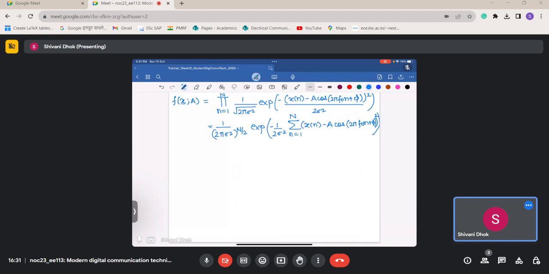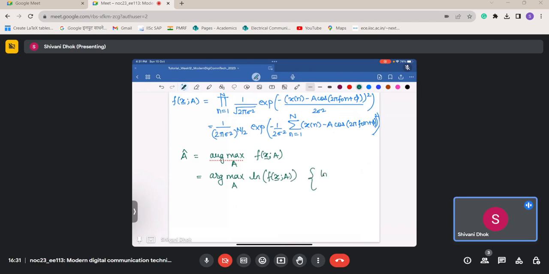Now what we have is A hat equal to the argmax over A of this factor f of x given A. This is also equal to the argmax over A of the natural log of f of x given A. And why?